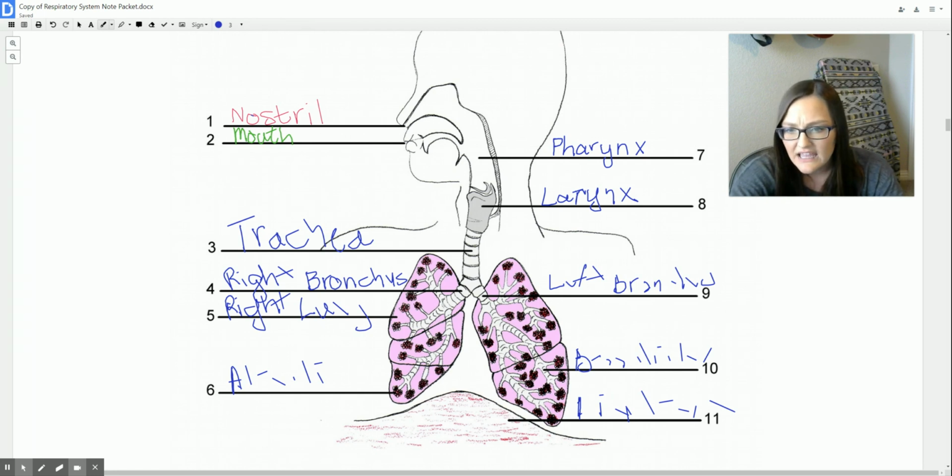And then they branch to the little flower or leaf looking doohickeys, and those are alveoli, each of those. And that's where we're going to have a lot of gas exchange of oxygen and carbon dioxide. So they're very, very important. These are lungs. And then down here at the very bottom is going to be your diaphragm.